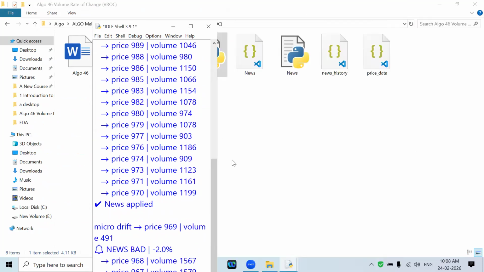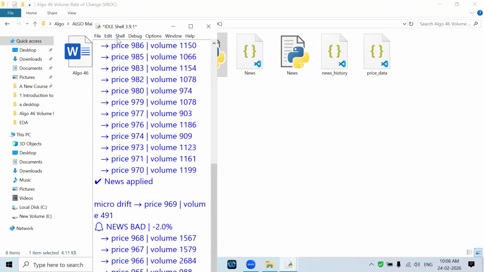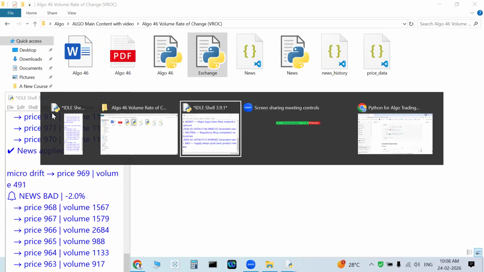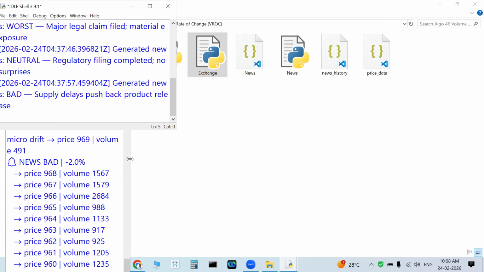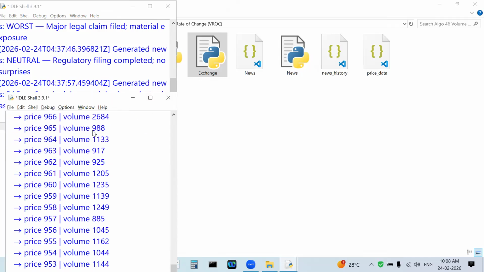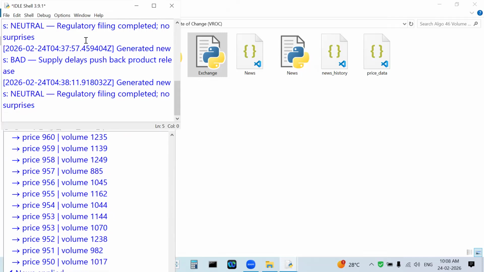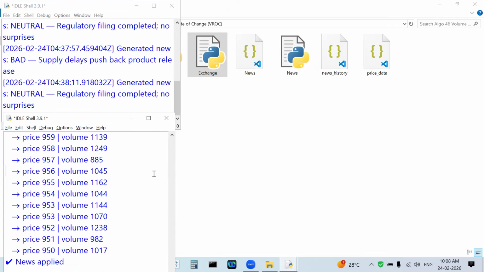It's slightly difficult at the start to adjust the window. Okay, so we have two windows side by side. The first window is where the news is being generated. The second window is the price, which changes with the news.